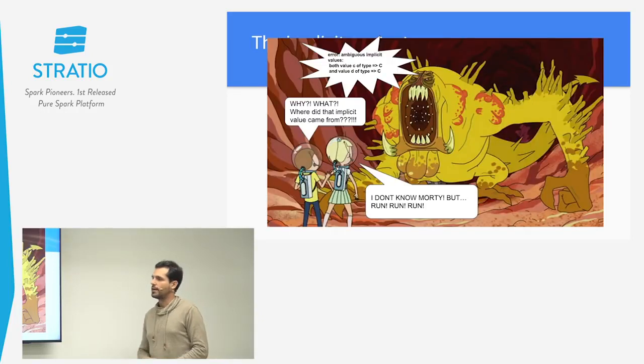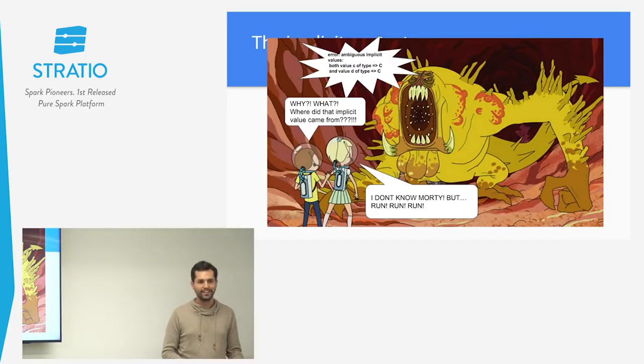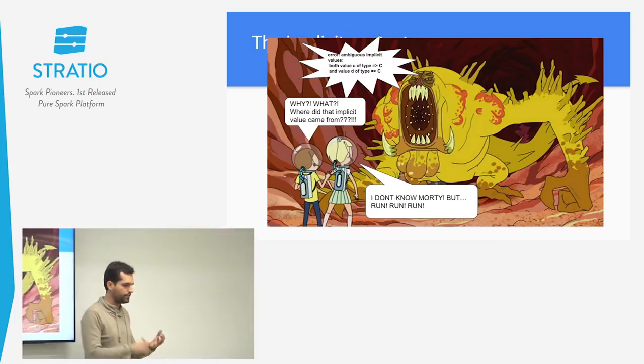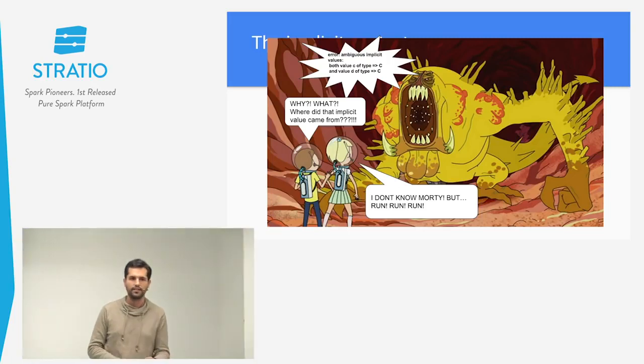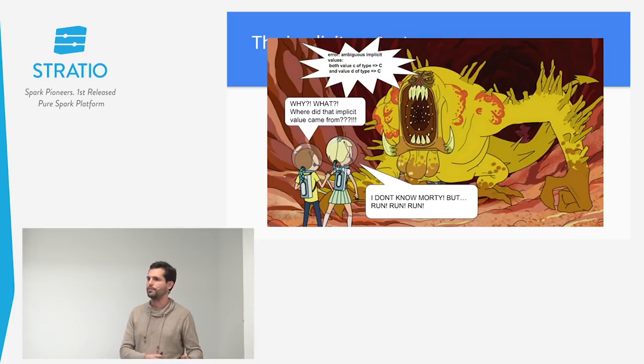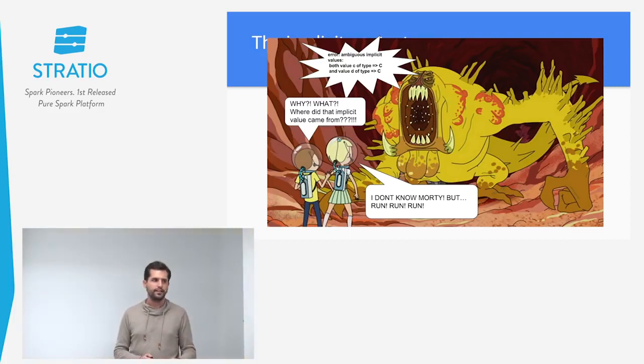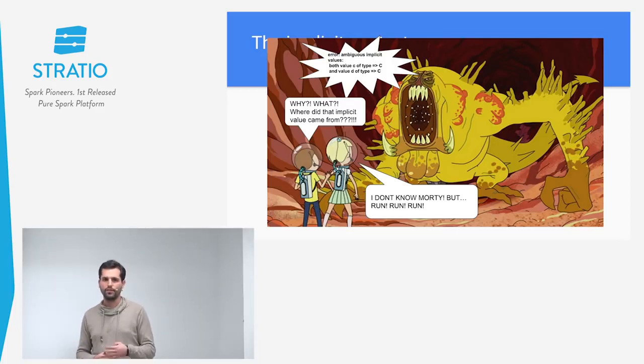Well, you have written your serializer and find this kind of error. That monster error, implicit value is defined twice, impossible to resolve implicit value. They are horrible. You might have experience in Scala trying to debug code with implicits, and you may think, okay, this implicit thing is something Scala crazy people have created to make it a more complex language.